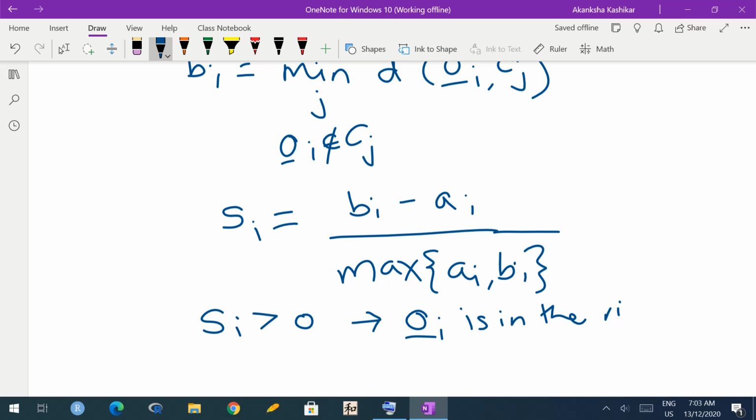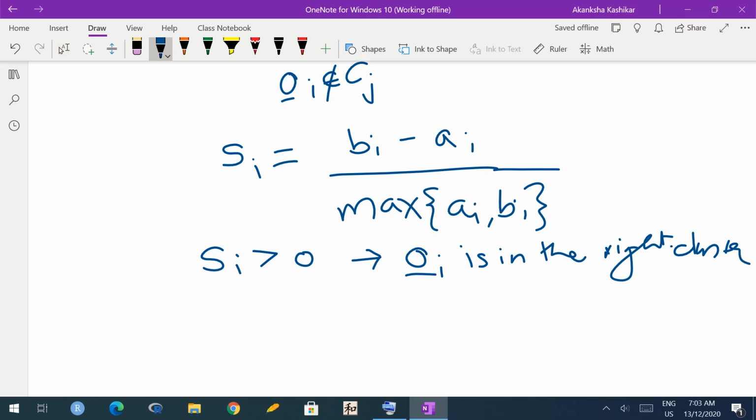If this quantity is negative, it means that one of the other clusters is closer to Oi than its own cluster. In that case, we will have to conclude that Oi is in the wrong cluster. So if Si is less than 0, then Oi is in the wrong cluster.